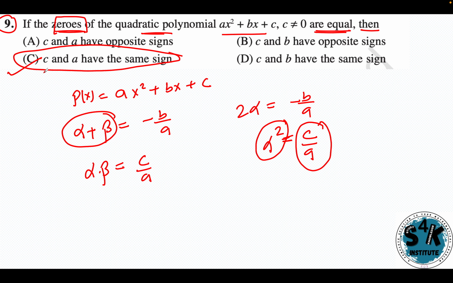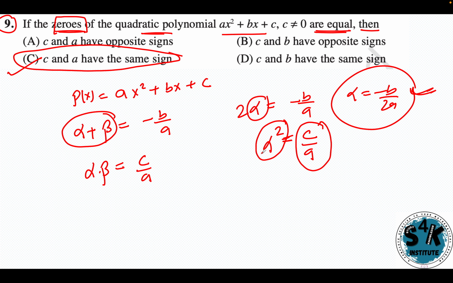So answer is C. If c and a have opposite signs, this will give you negative. B is not making much difference here, because alpha will be minus b by 2a, whatever the value it is, if we do the square, we will get the positive value. Here c and a are playing the part. So the answer is C.